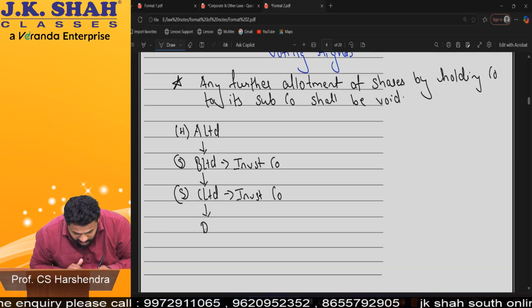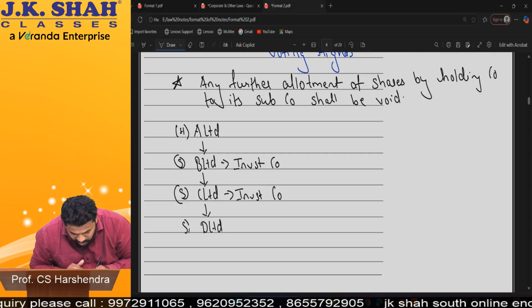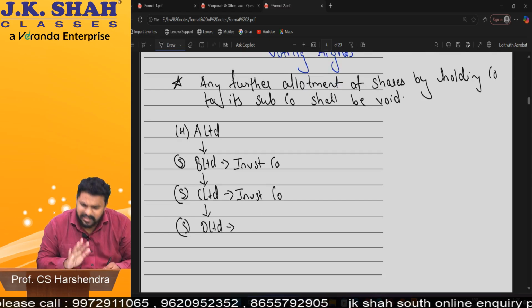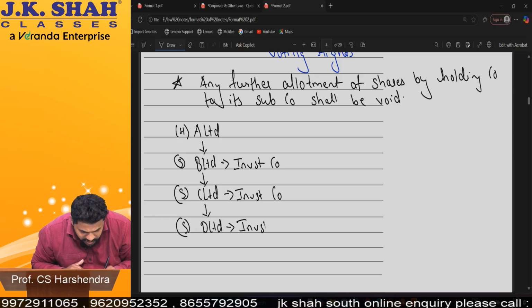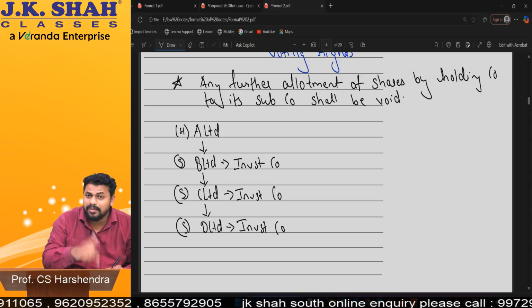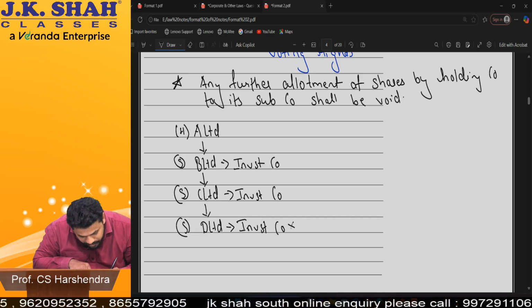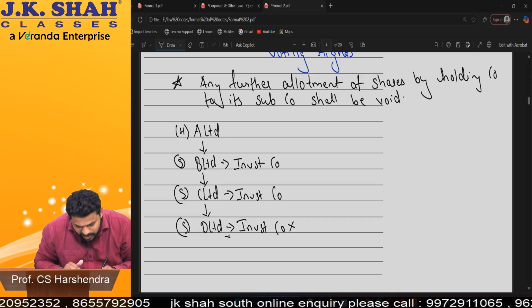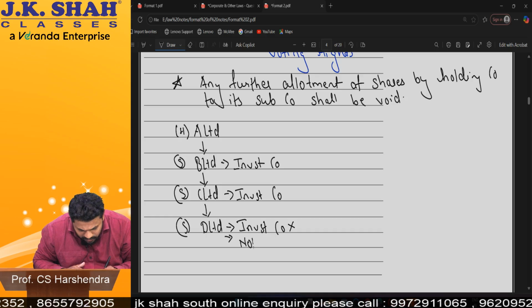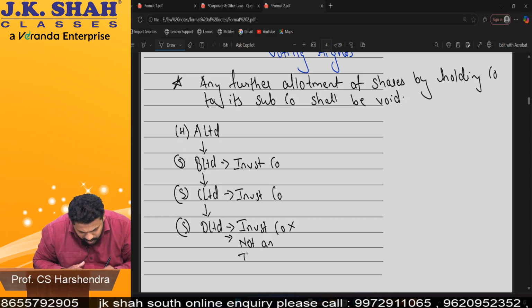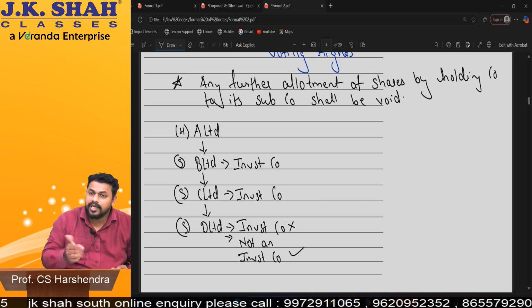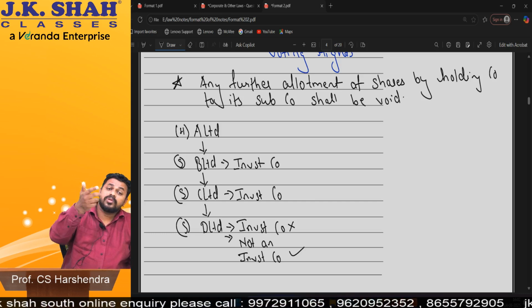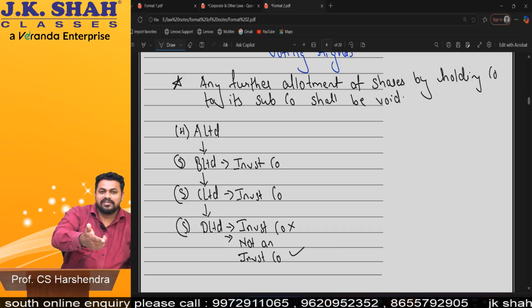Now there is D Limited, subsidiary of C. Suppose D Limited is also an investment company. So can there be a third layer of investment company? No, not allowed. But if it is a normal subsidiary, not an investment company, can there be a third layer? Yes. So there cannot be more than 2 layers of investment subsidiaries.